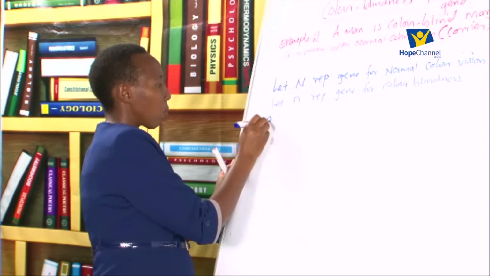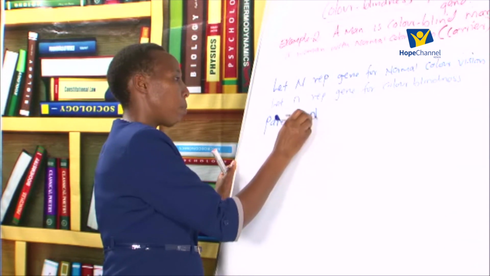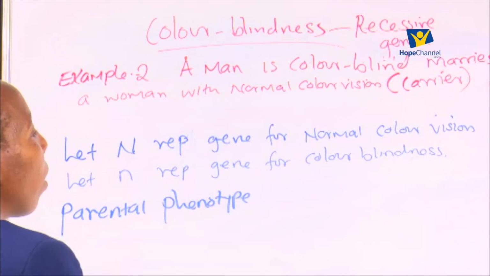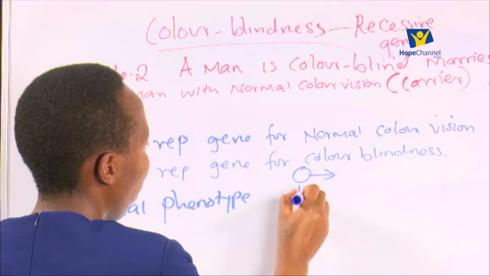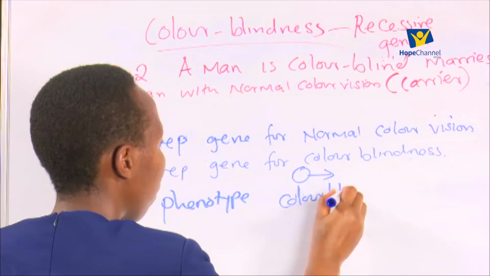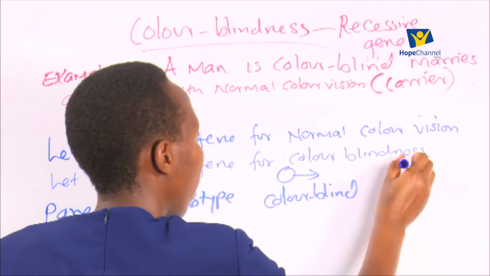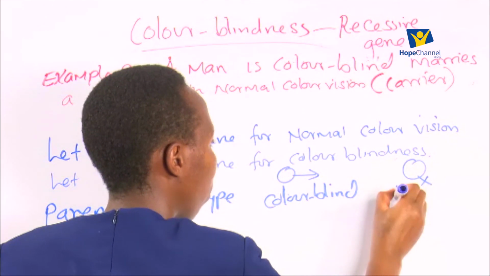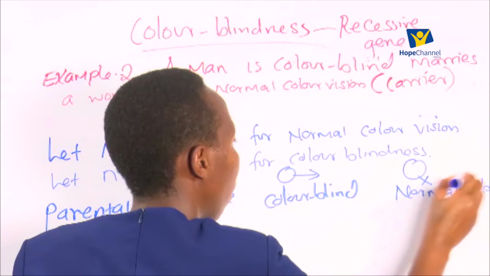So parental phenotype: physically the man is colorblind. Then the female has normal color vision.